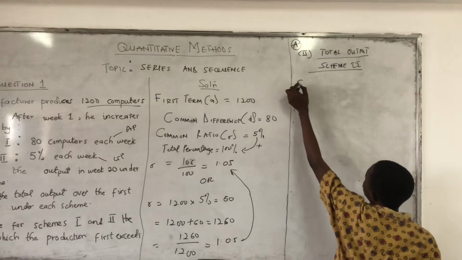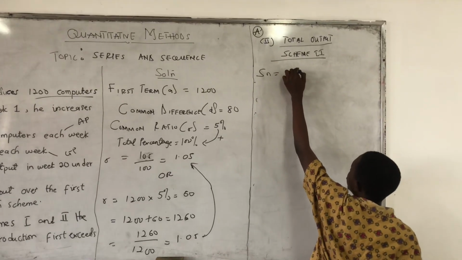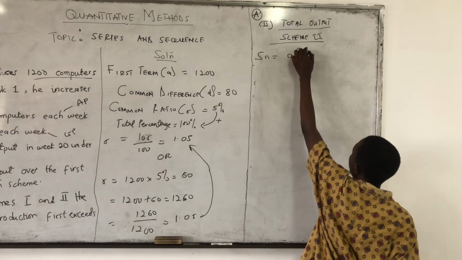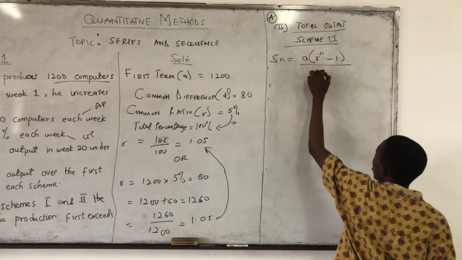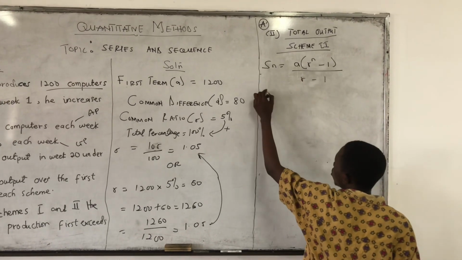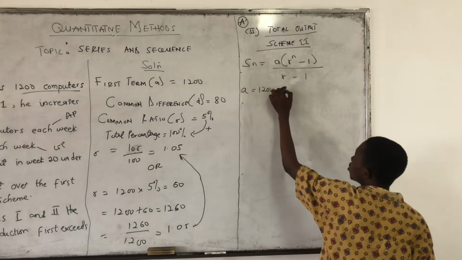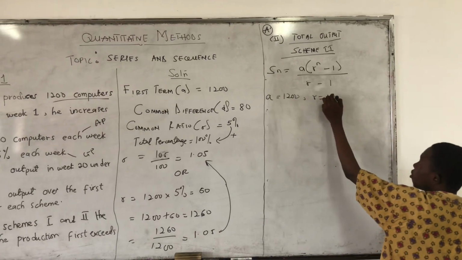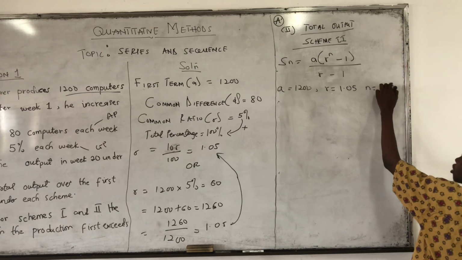The formula is also given: Sn is equal to A into bracket R exponent n minus 1 all over R minus 1, where A is our first term, 1,200. R is our common ratio, 1.05. N is our number of terms, which is 20.